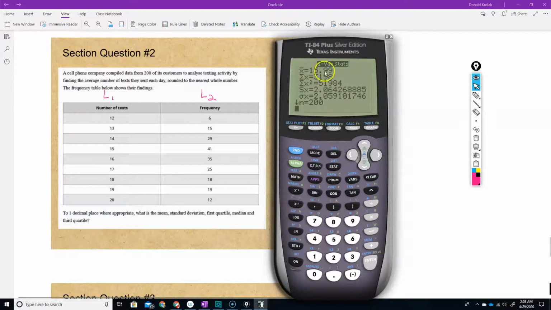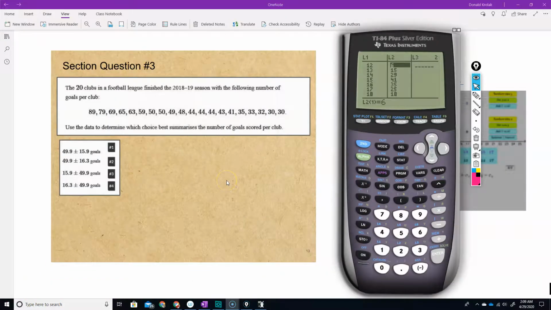Okay, my mean 15.9. Okay, sigma, my standard deviation 2.0. Well, it's 1 decimal place, so this would go to 2.1. And then if I scroll down, okay, first quartile, median, third quartile, and I've got all my information.